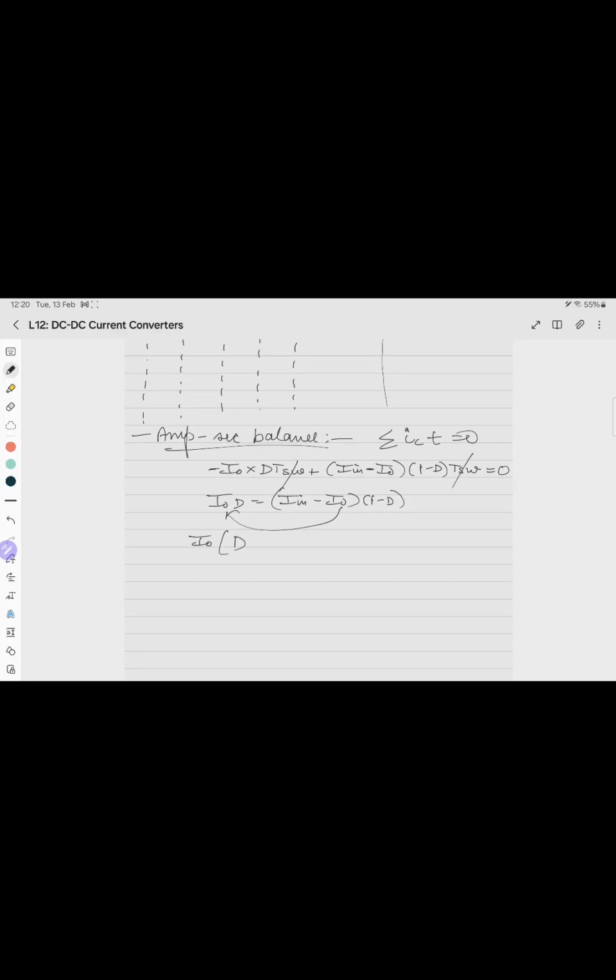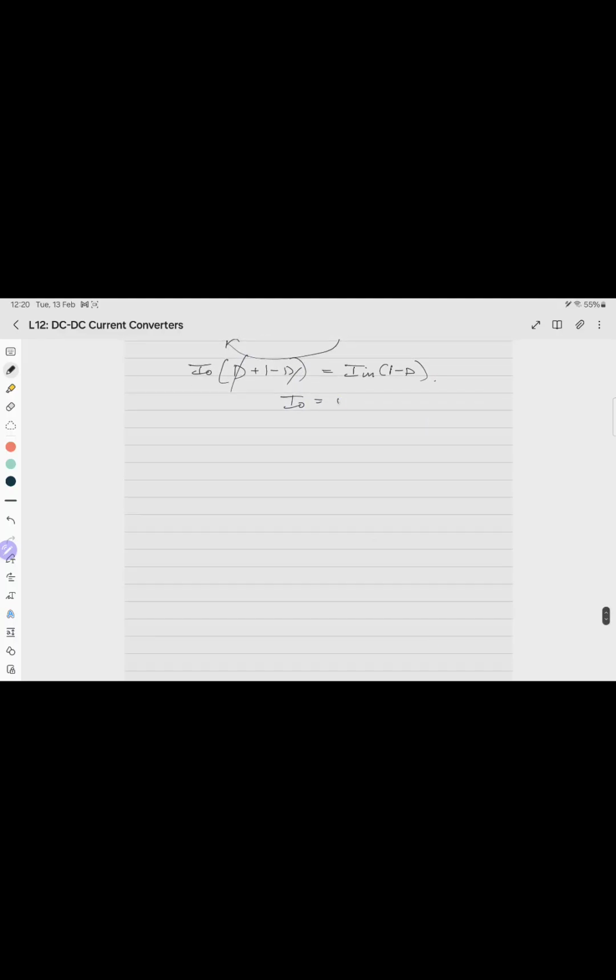So I naught D equals I in minus I naught into 1 minus D. Okay, so it will be D plus 1 minus D. Yes, I am correct, equals I in into 1 minus D. So I naught is I in into 1 minus D. Therefore, M of D, which is I naught by I in, is 1 minus D here. Since 0 is less than D is less than 1, this is the buck current converter.